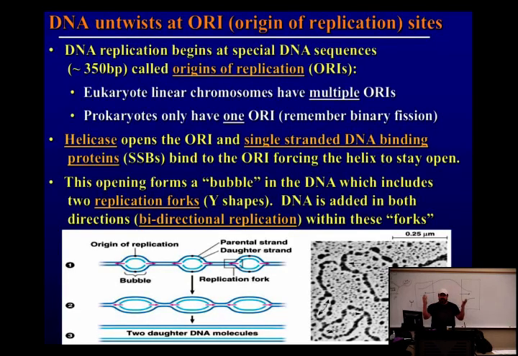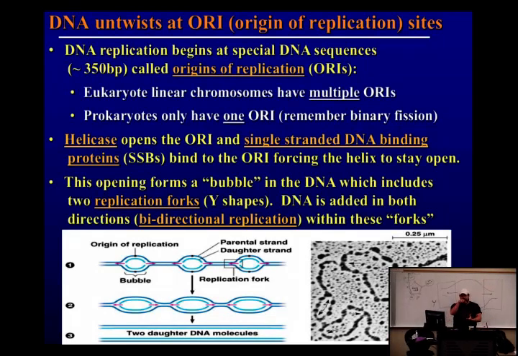What's the next thing that has to happen? Right, and what's that something called? Single-stranded binding proteins. Right. So what do we create when it's open? What is that shape called? A bubble.